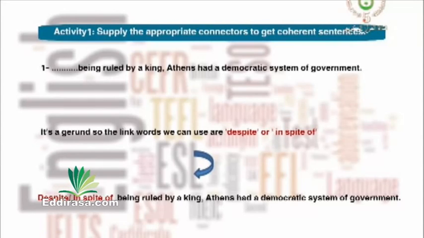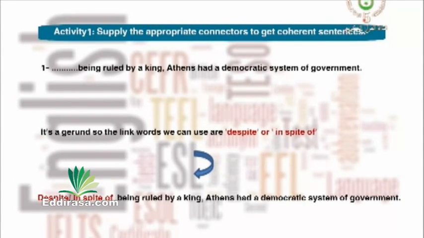Now let's move to the practice. Activity 1. Supply the appropriate connector to get coherent sentences. Sentence 1. It starts with a gap. Being ruled by a king, Athens had a democratic system of government. What's the gap followed by?